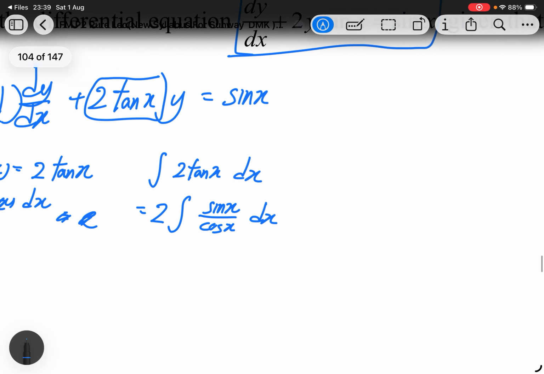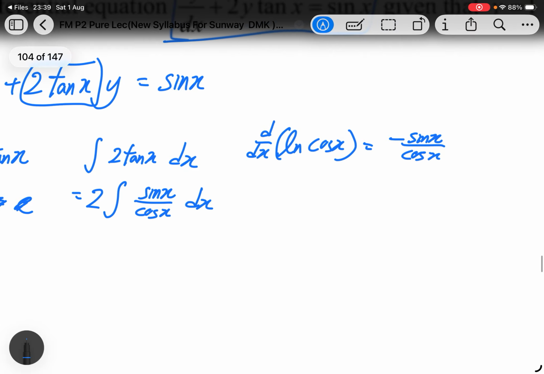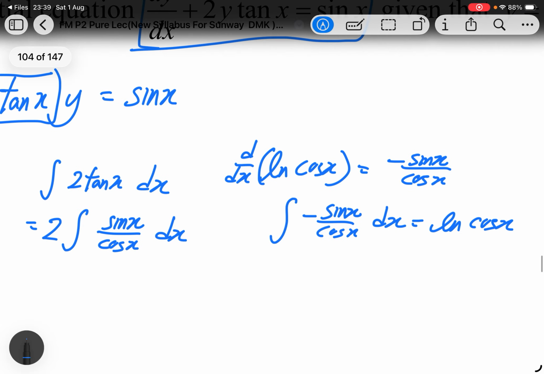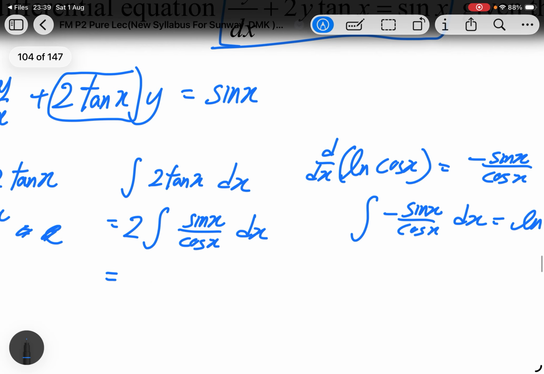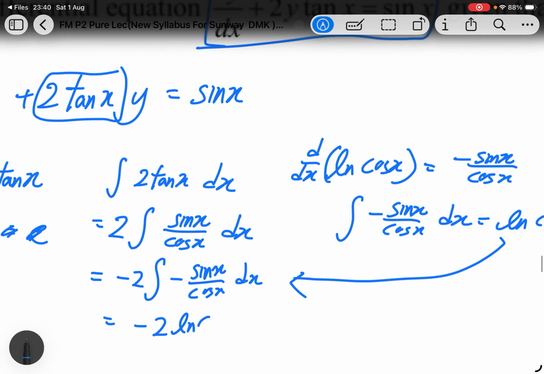If you don't know, if we differentiate ln cos x, we get negative sin x over cos x. Similarly, if we integrate negative sin x over cos x, we get ln cos x. So to get the negative here, I use negative 2 times the integral of negative sin x over cos x dx, which equals negative 2 ln cos x.